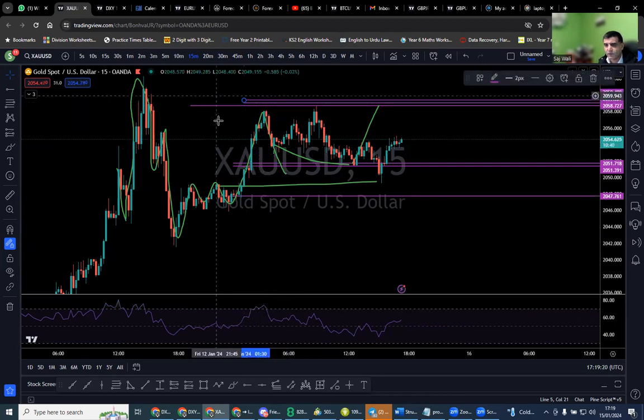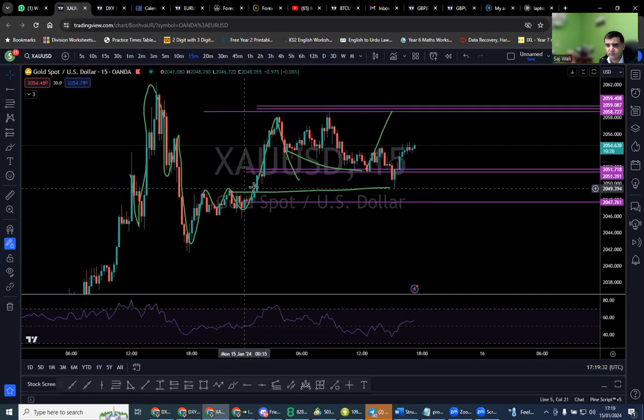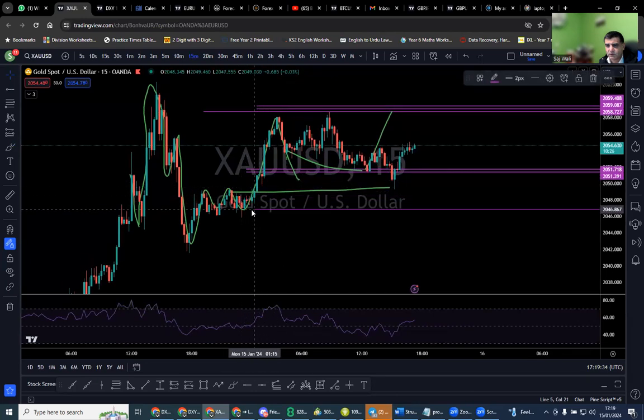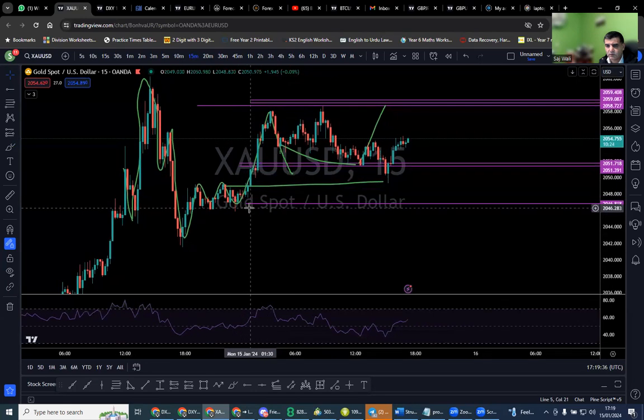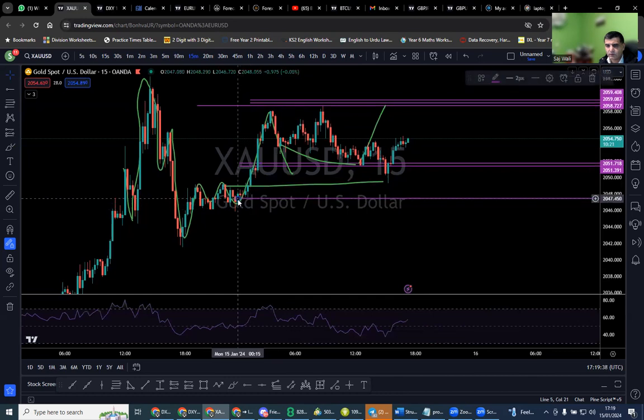So two lines there for the London session and a single line there for the New York session. So in the New York session, gold gave some movement, as you can see, around here somewhere.